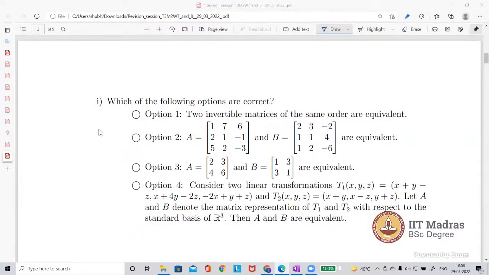First option is true, sir. Okay, so first option is true. I'm noting it. Anyone else getting a different answer? You can post in chat or directly unmute and say. That will be better.